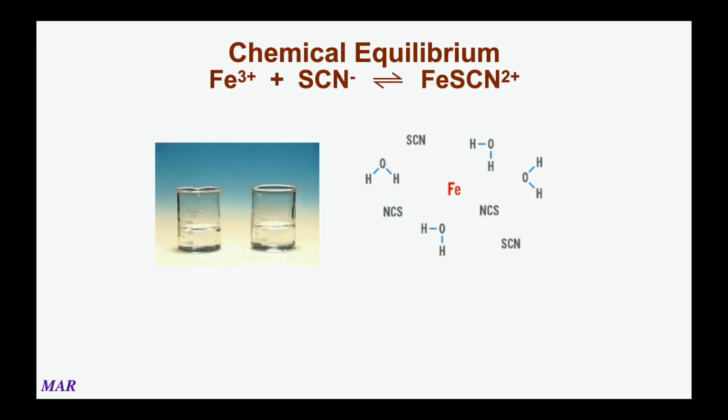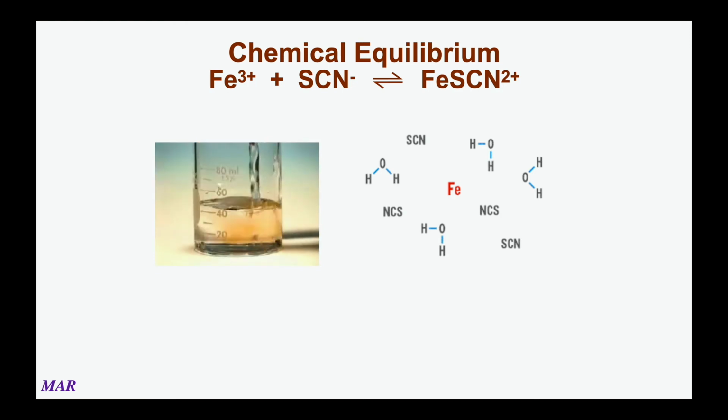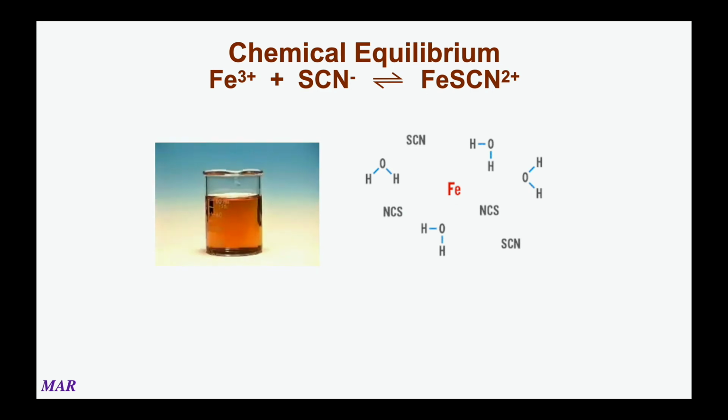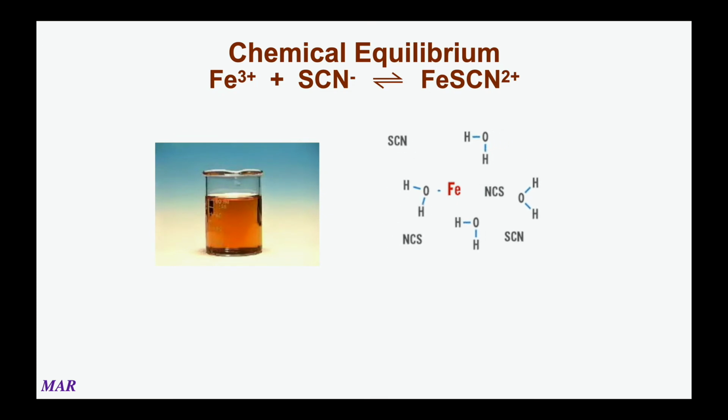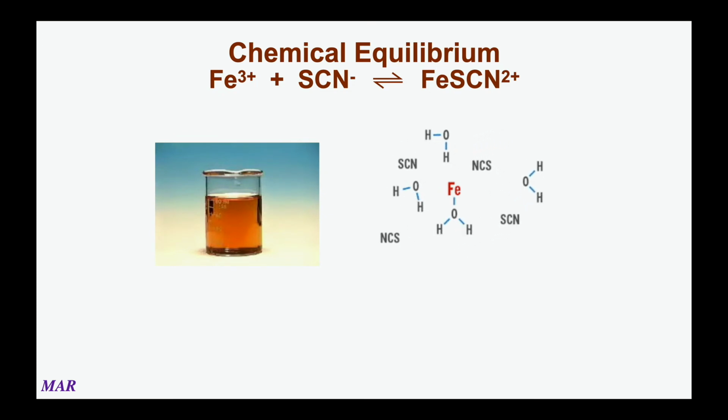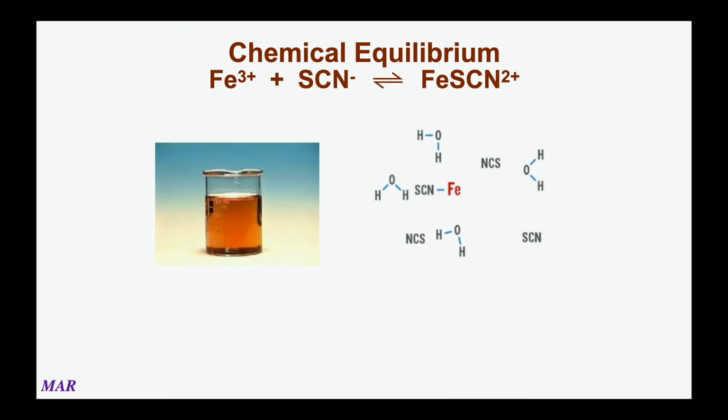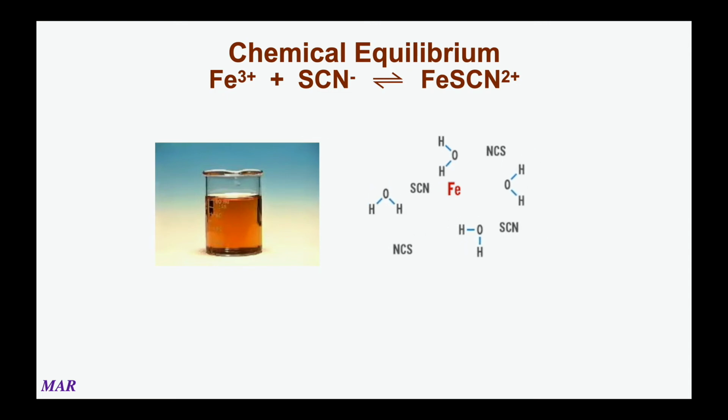When a solution of iron 3 nitrate is added to a solution of sodium thiocyanate, the red-orange iron thiocyanate complex ion is formed. Although the reaction looks complete, substantial amounts of iron ion and thiocyanate ion remain unreacted in solution. When iron 3 ions contact thiocyanate ions in solution, they can react to form a complex ion, iron thiocyanate.